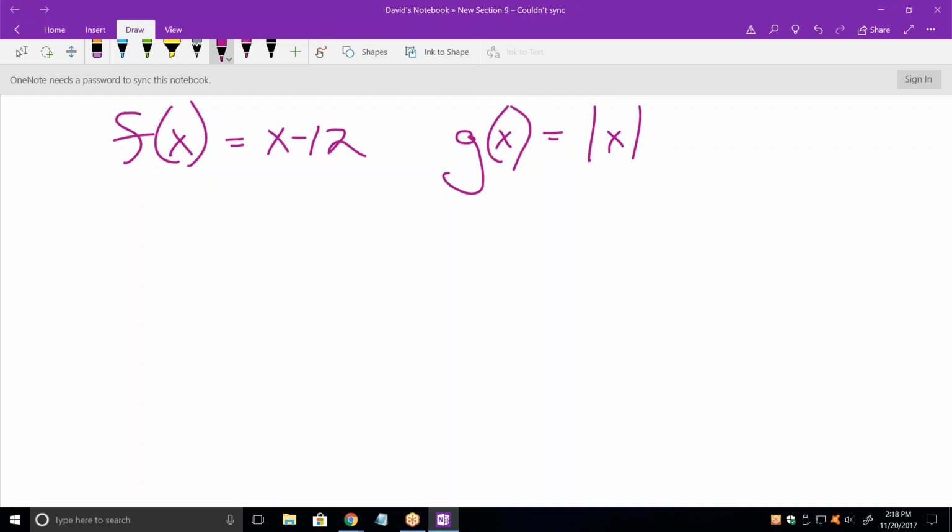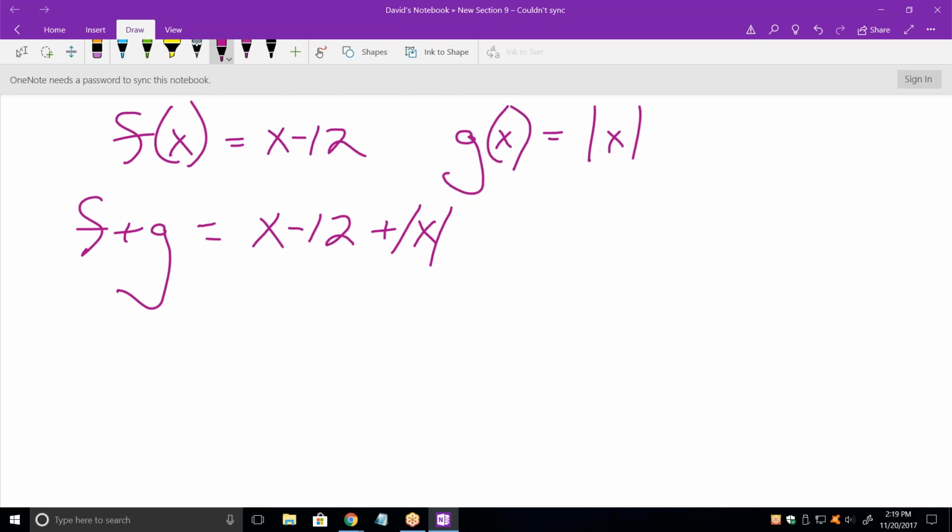Now, what were the ones they wanted? G. So we need to find the domain of f, g, f plus g. So f plus g, or g, would still just be real numbers, wouldn't it? It's a strange thing to be asking about domain, because so far none of these domains have been restricted.